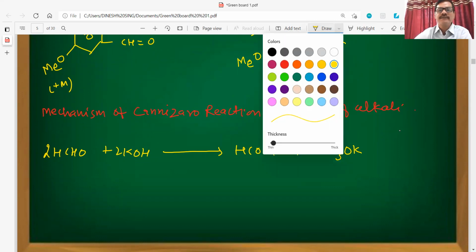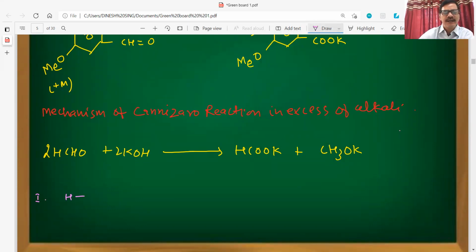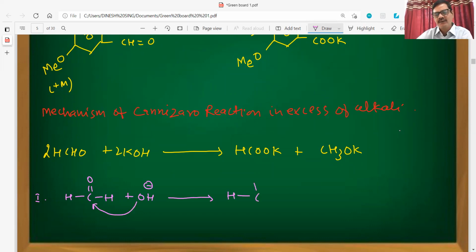We can see the first step: HCHO plus OH minus, attacking as a nucleophile, gives O minus, OH and H. Here this hydrogen is again acidic.